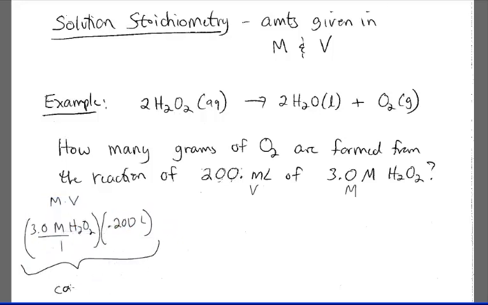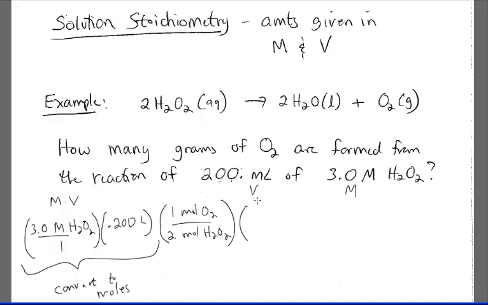So that is converting to moles. Now that we have it in moles, we do reactions the same way we did when we had it in grams. Then we use the mole ratio, 1 mole of oxygen per 2 moles of hydrogen peroxide.